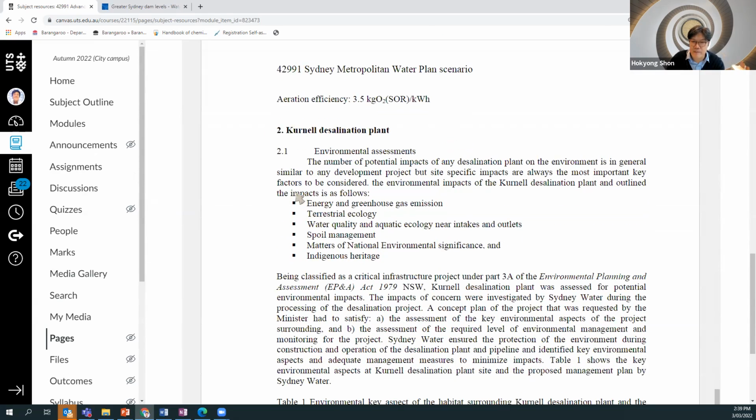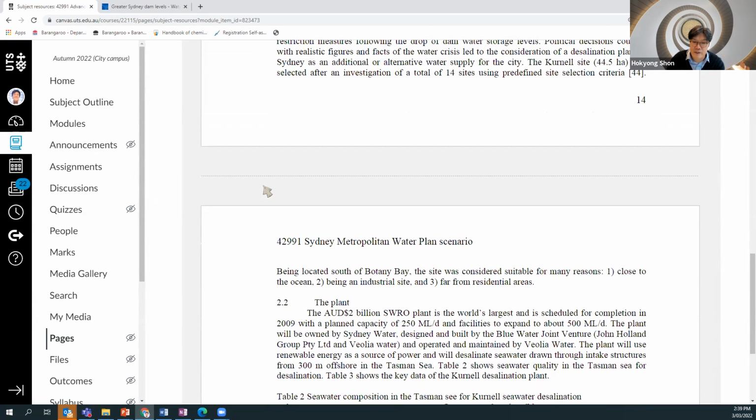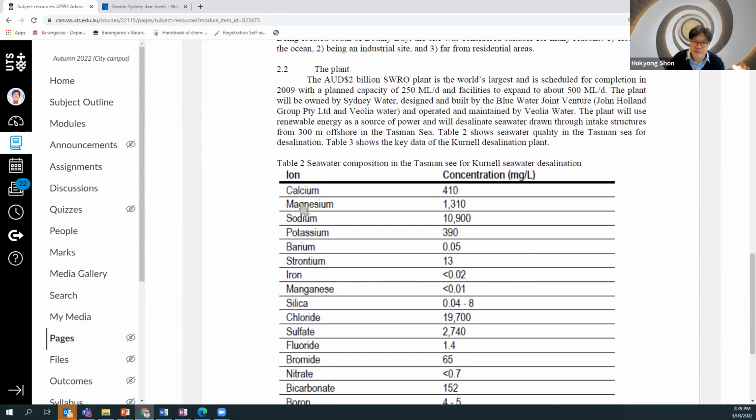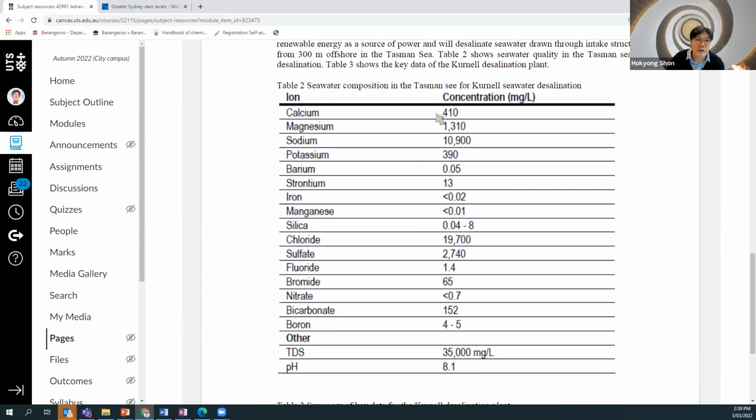What's the environmental assessment? What's the impact of seawater brine? And what's the plant's overall water quality? We are planning to use reverse osmosis membrane technology. And how much do you produce? 250 megaliters per day. And what's the water quality in this area? It's given water quality data.